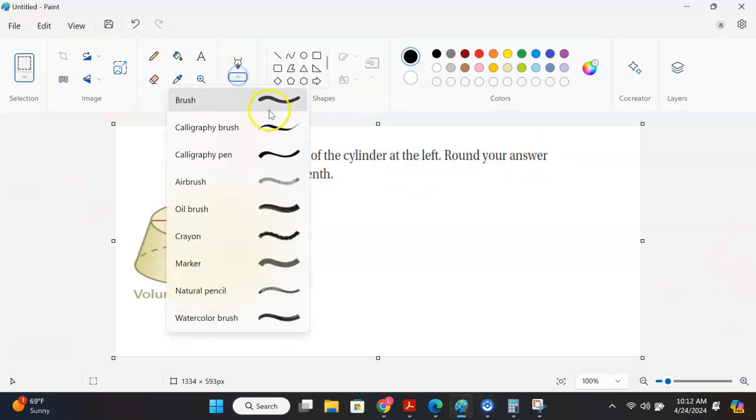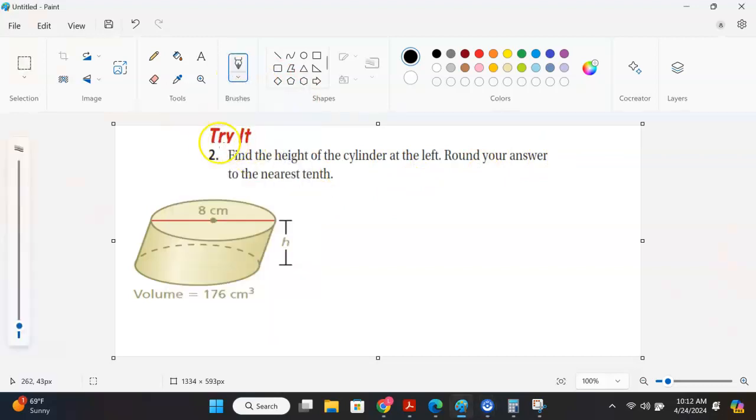I'll open that up for you when you're done. This is a try it. Find the height. They're asking you to find the height of this cylinder. Remember, this is not the actual height. This is the slanted height. That's why there's an altitude out here. This is your height right here.